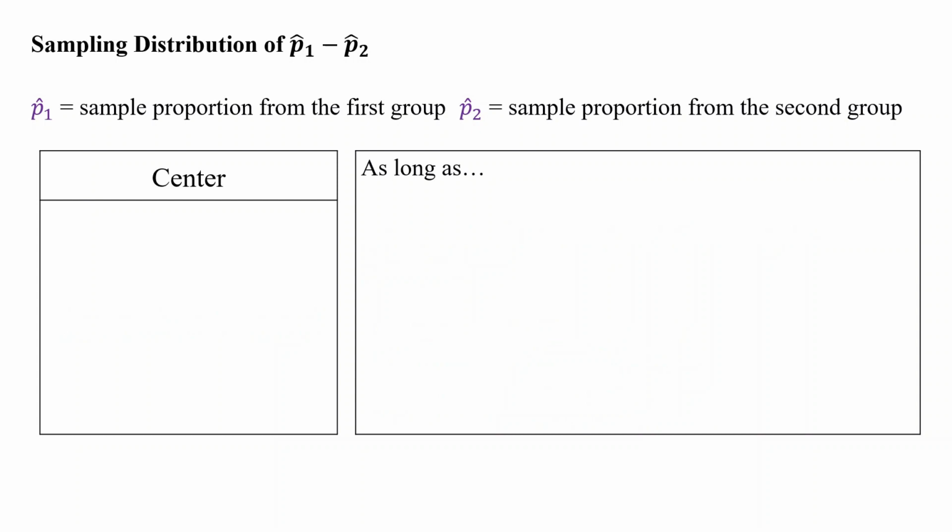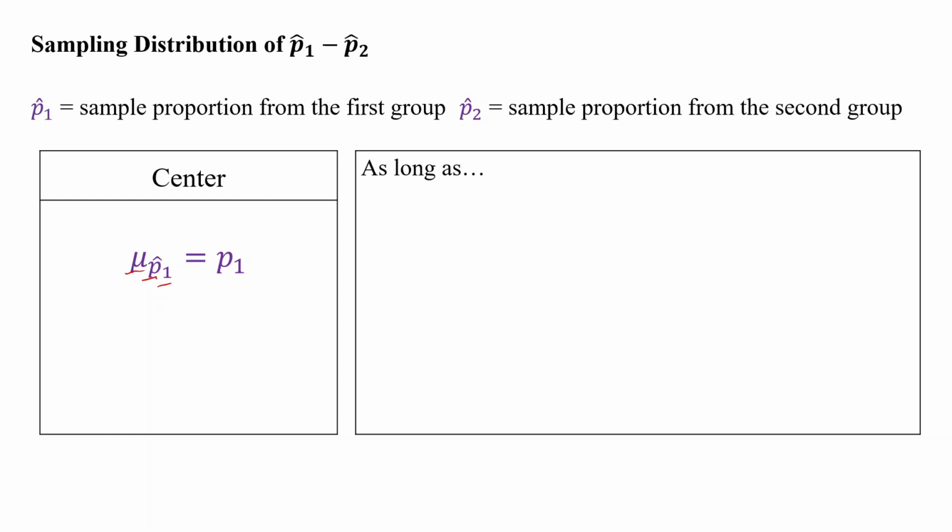Now the center of this distribution. If I have the first sampling distribution, this is quite the notation here because I have mu sub p hat sub 1. So I have a sort of subscript on a subscript. But it's the center of the sampling distribution of our sample proportion for the first group.